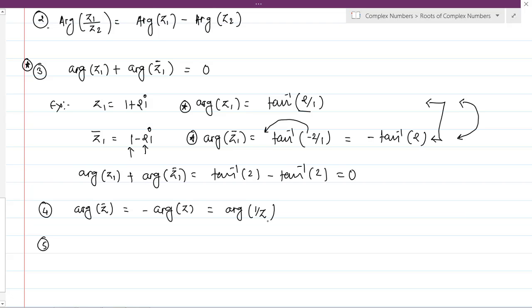The next property is what? If argument of z is equal to 0, then z is a real number. So yesterday we have seen so many questions. Okay, so argument of z equal to 0 implies z is a real number. का हो असं का झालं? z is real number का झालं? Argument of z is what?